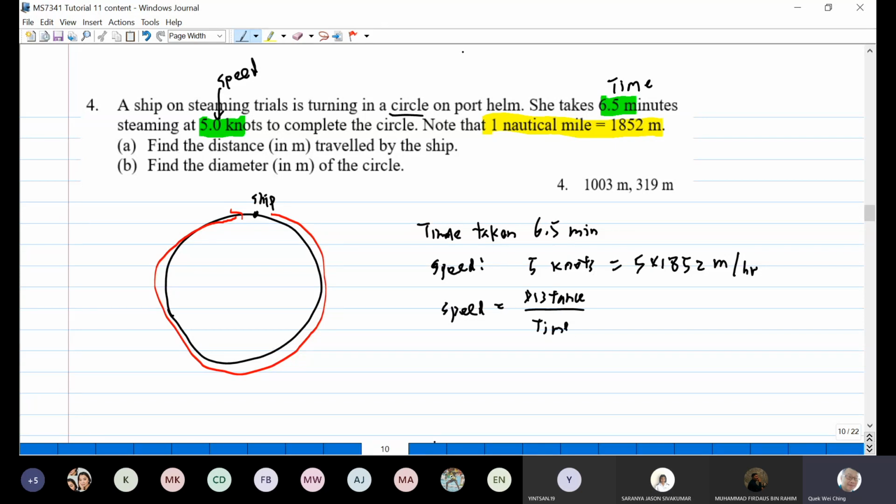So that means distance is speed times time. So we know the speed is 5 times 1852 in meter.